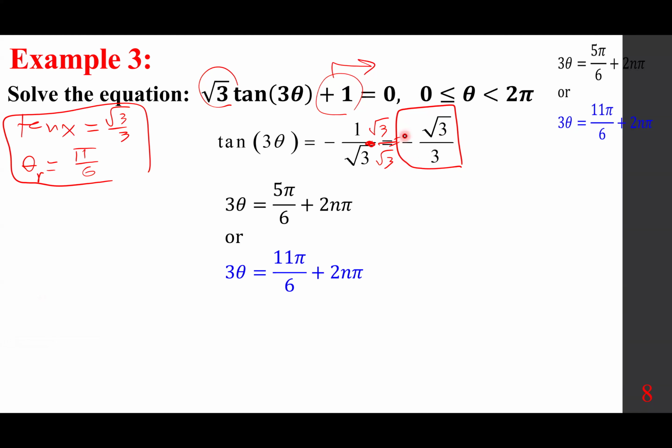Where is tangent negative? In the second quadrant and the fourth quadrant. So in the second quadrant, pi minus pi over 6, which is 5 pi over 6. In the fourth quadrant, 2 pi minus pi over 6, which is 11 pi over 6.